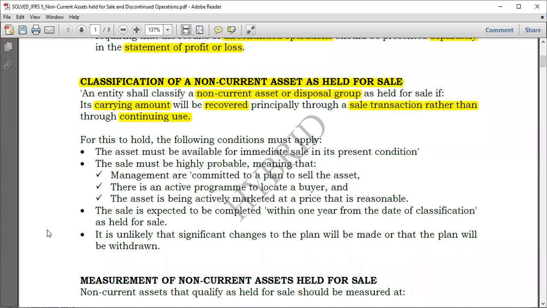Okay. Now we say, for this to hold, the following conditions must apply. Our main goal here is that we expect to sell this asset sooner rather than later, right? So we have the following conditions, and they are just very normal. Just understand that you need to sell something, so you have several objects to look at.